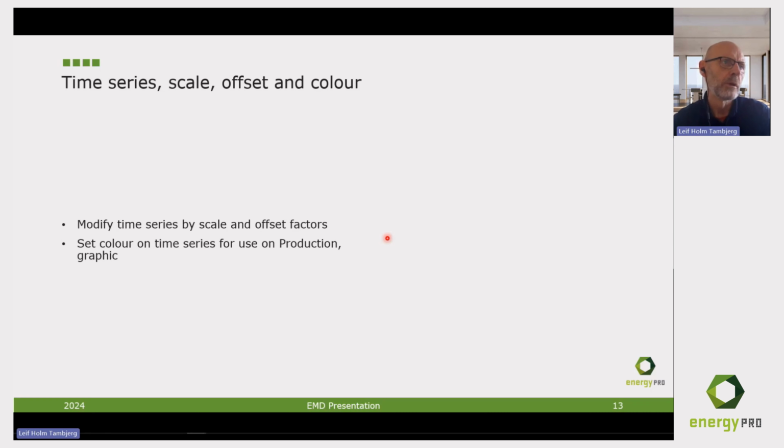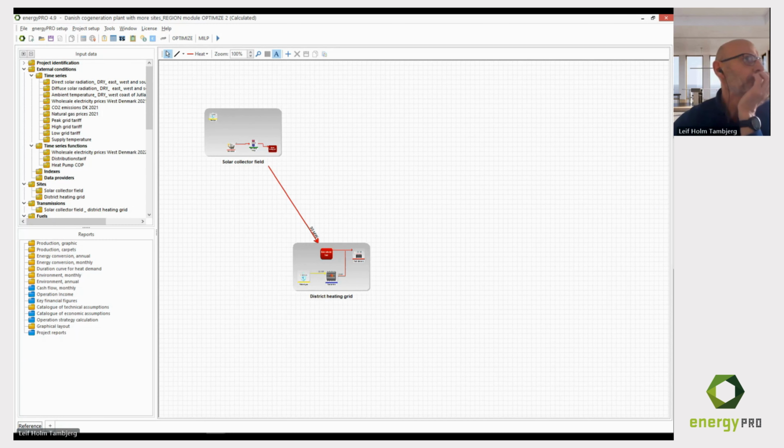Let me just demonstrate that. I have another example. Just a moment, I'll look it up. Take this one. This is also the one we use for the transmission optimization.